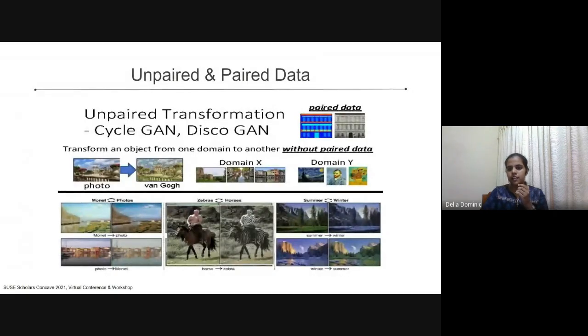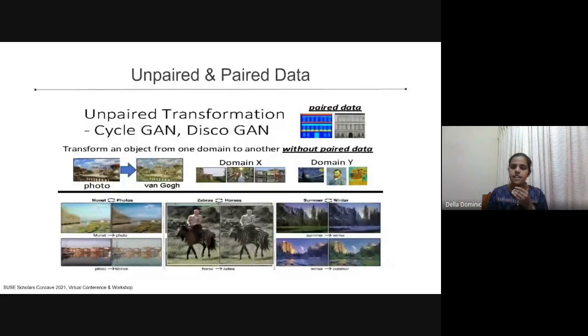For example, in the case of label to facade translation, paired images can be obtained abundantly. Whereas in the case of zebra to horse translation, there is no such thing as a corresponding zebra image, right? We can only give a set of zebra images and a set of horse images.